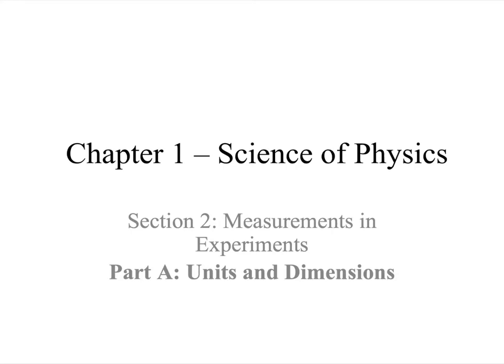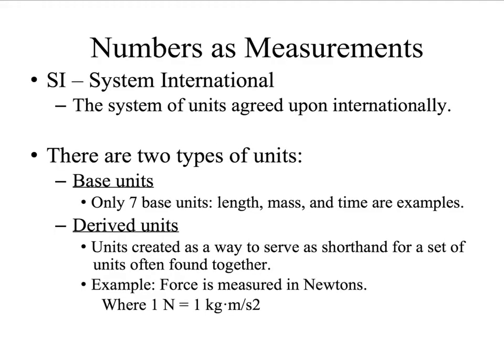All right, this is Chapter 1, Section 2, talking about measurements in our experiments, and we're looking at units and dimensions. So, we most of the time will just be using the System International, which means using units like kilograms and meters instead of the units that are typically used in the U.S., which for the same things would be pounds or feet.